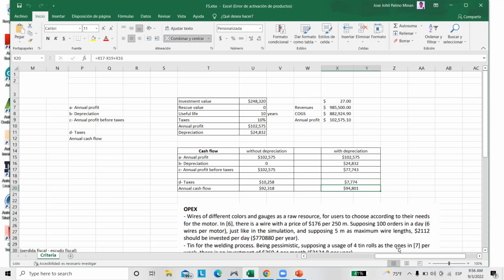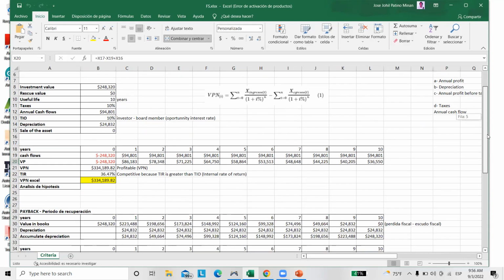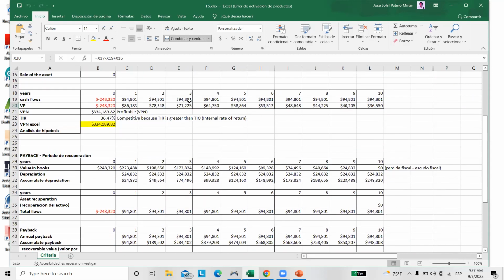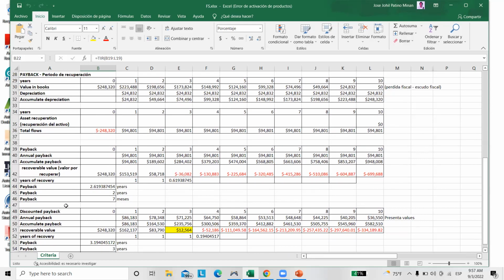We're going to consider our cash flow with depreciation. It means this value over here, and we have all the criteria. The net present value is more than 0, which means that our service is profitable. Also, our internal rate of return is 36%, and we have calculated 2 paybacks, the payback and also the discounted payback.